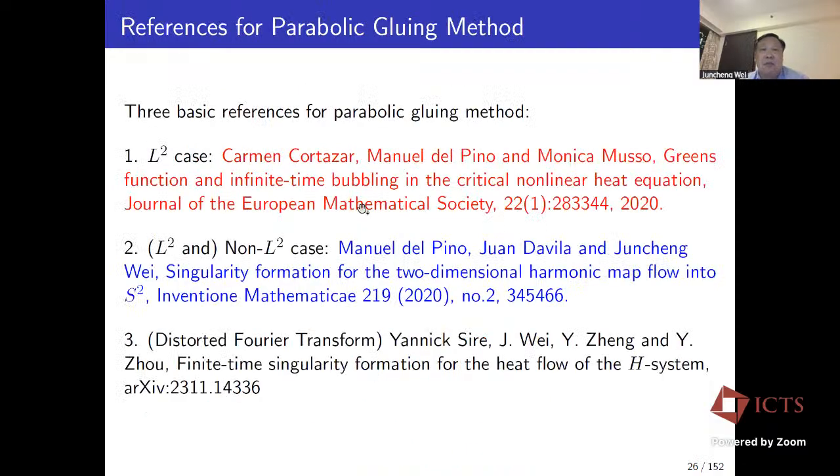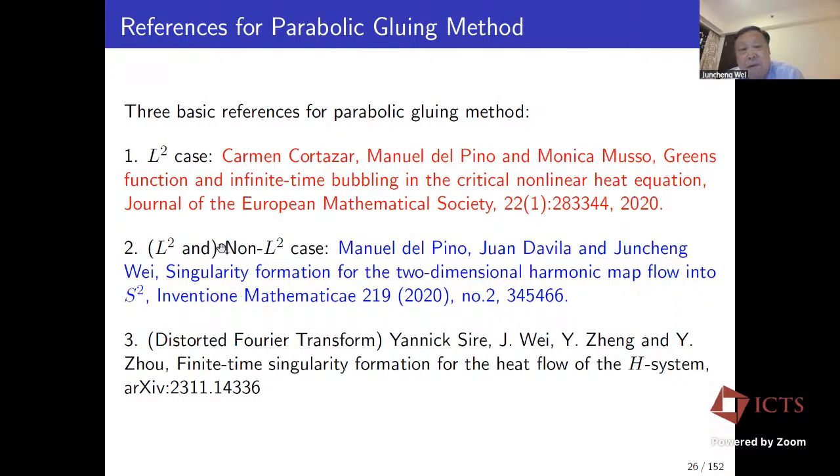These are the three references for parabolic Green. For the first one, the L2 case, you can read this paper by Cortázar, del Pino, Musso in 2020. For the non-L2 case, or including the L2 case, this is the paper I mentioned.